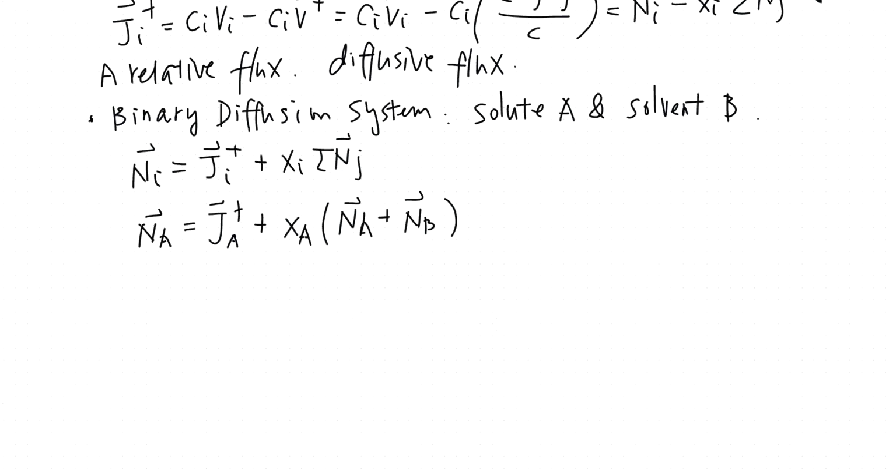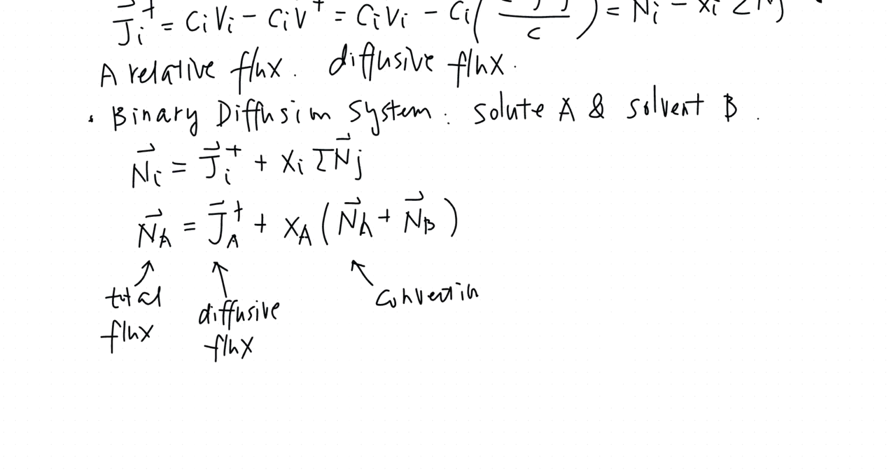This is interpreted as: N_A is the total flux, J_A is the diffusive flux, and the last term is the convective flux. It means the total transport is a combined effort from diffusion and convection.